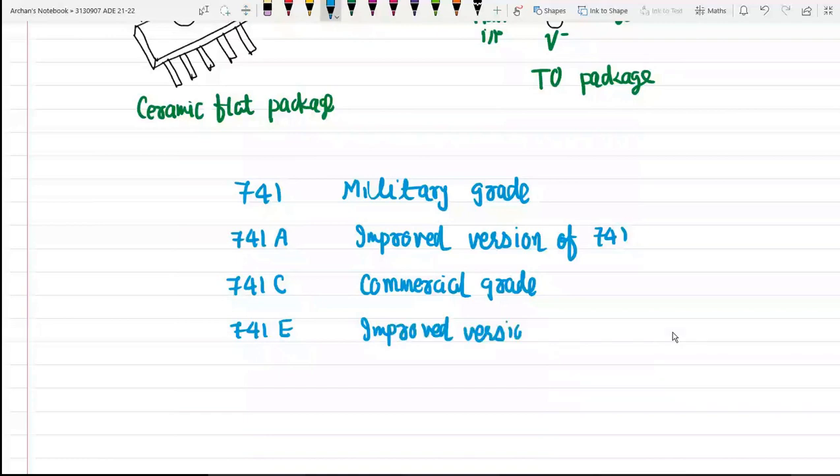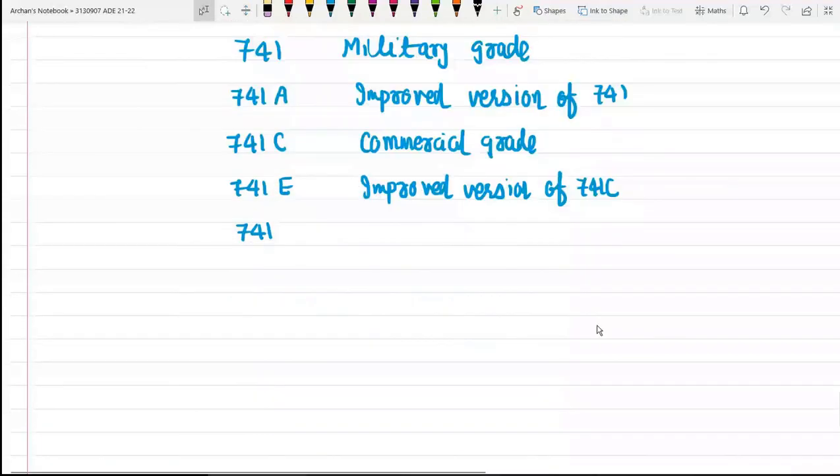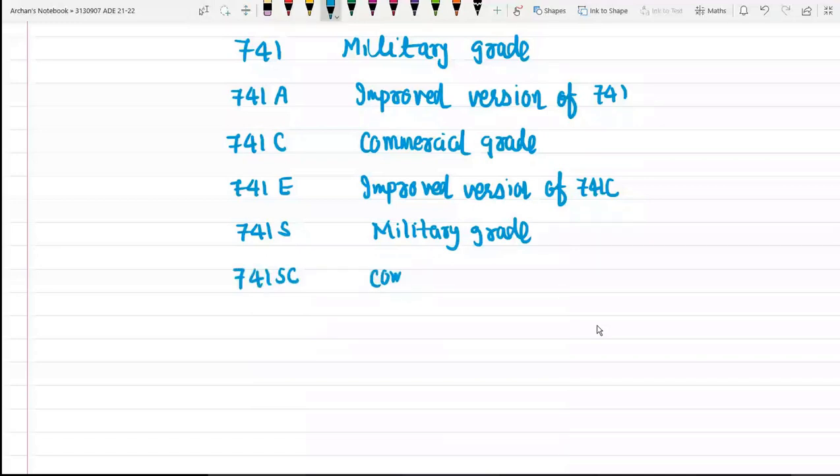Then you will also find the type 741S, which is again of military grade, and then 741SC, which is commercial grade. So these are the differences. If I talk about 741 of military grade, then it has a temperature range of minus 55 degrees Celsius to plus 125 degrees Celsius.